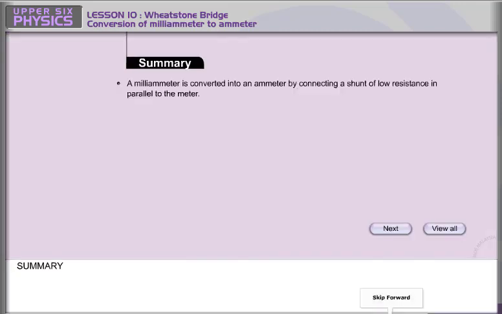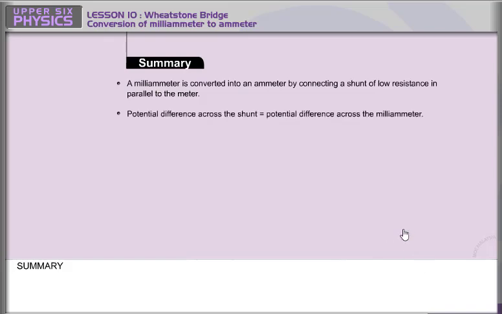Summary. A milliammeter is converted into an ammeter by connecting a shunt of low resistance in parallel to the meter. Potential difference across the shunt equals potential difference across the milliammeter.